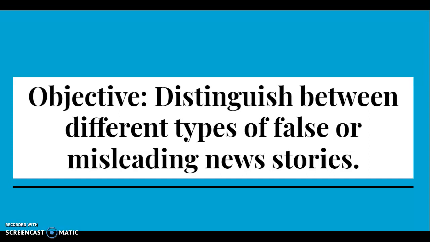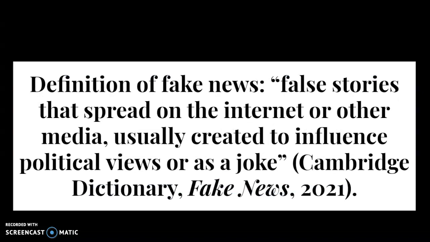We're going to be only focusing on 7 different types just for the sake of simplicity. But be aware that there are more ways that an article could be misleading out there.